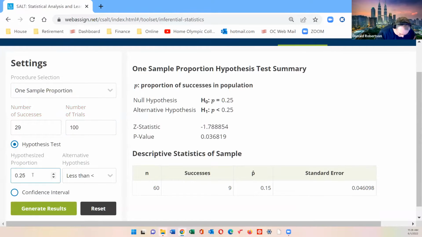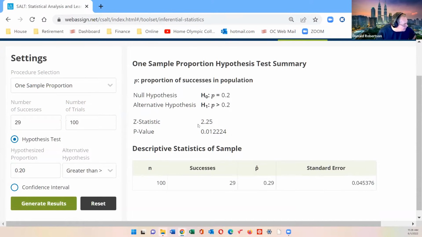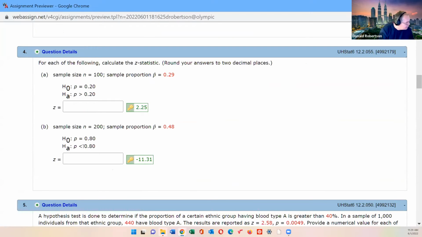The null hypothesis was 0.20, and we're trying to prove that it's greater than that. And then I generate my results, and there is my z-score, 2.25. Would you agree? It's pretty easy once you put the numbers in. The one underneath that then is question B. Oh, by the way, 2.25, right?